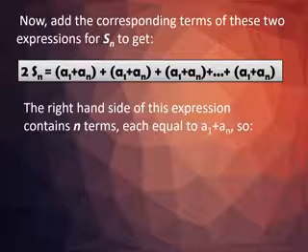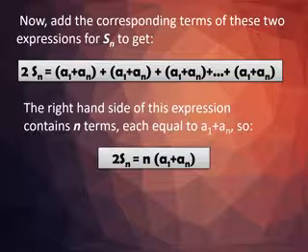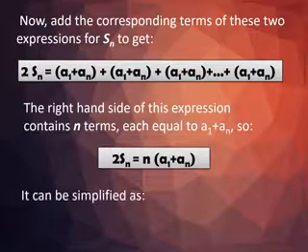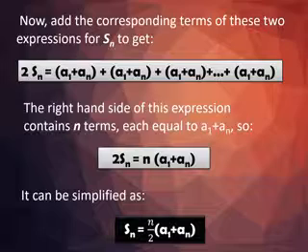The right-hand side of this expression contains n terms, each equal to a sub 1 plus a sub n. So, 2S sub n is equal to n times the quantity a sub 1 plus a sub n. It can be simplified as S sub n is equal to n over 2 times the quantity a sub 1 plus a sub n.